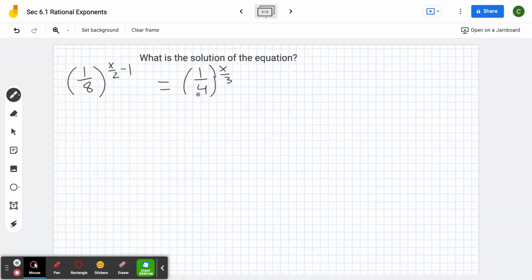So 4 to the first gives me 4. 4 to the second does not give me 8. That is 16, right? Well, let's think about 8 for a second.